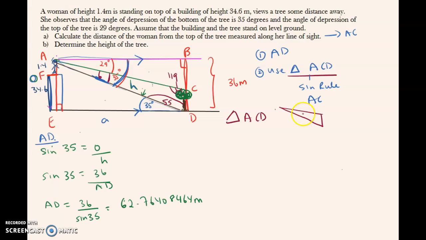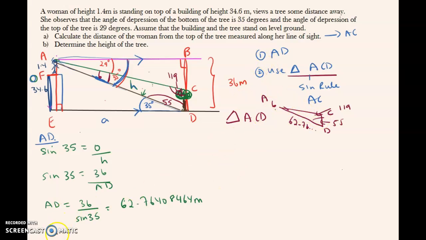So if I use this triangle now with the sine rule, this side here is 62.76, etc. This angle is 55, this one here is 119, and this one here is 6. So I have three angles and one side, I could use the sine rule. If I call here A, C, and D, let me draw this a little bigger so it will be less confusing.